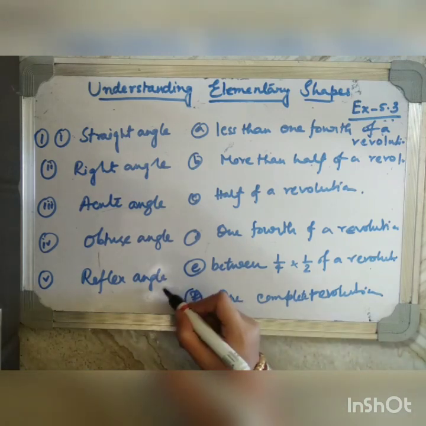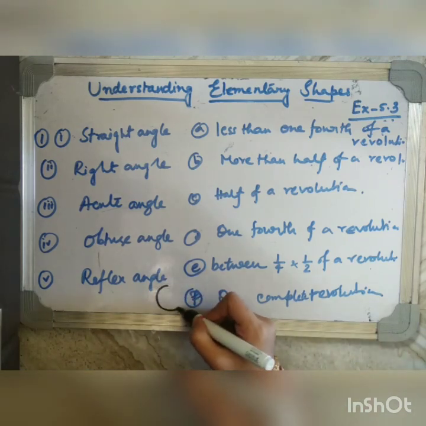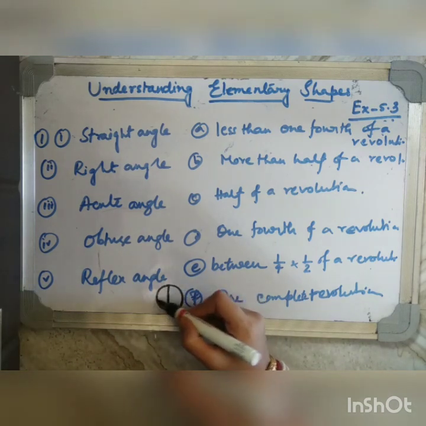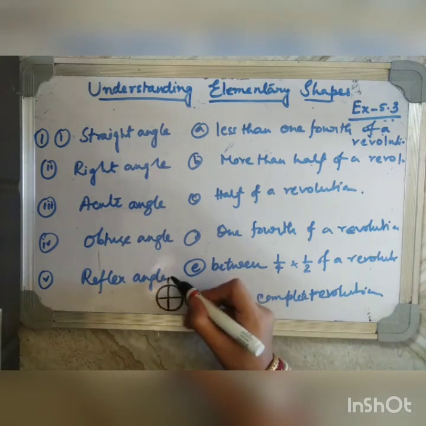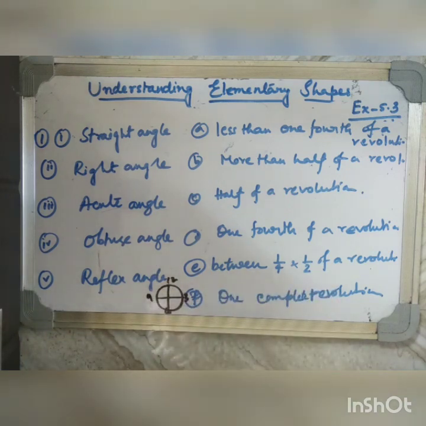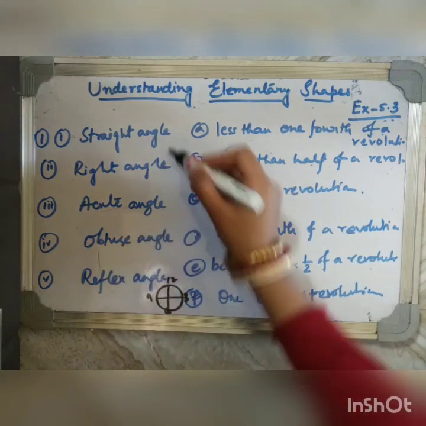Now see, this is the clock. Here we can write 12, here we can write 3, here we can write 6, here we can write 9. Now straight angle means 180 degree.